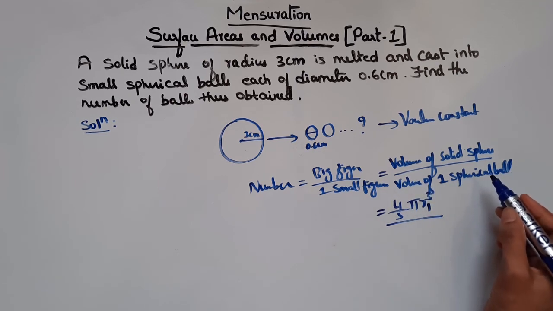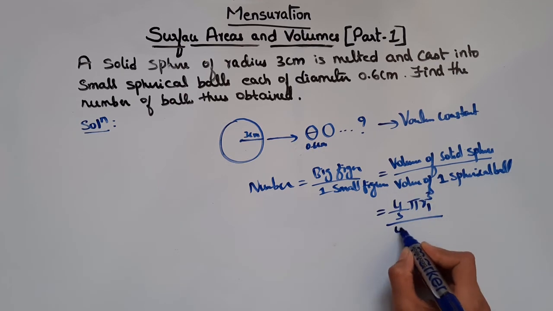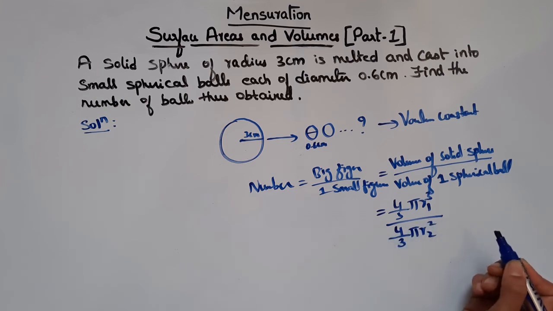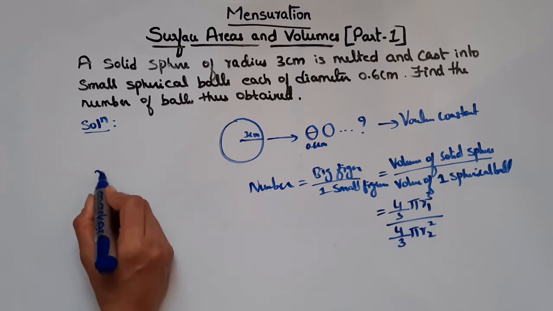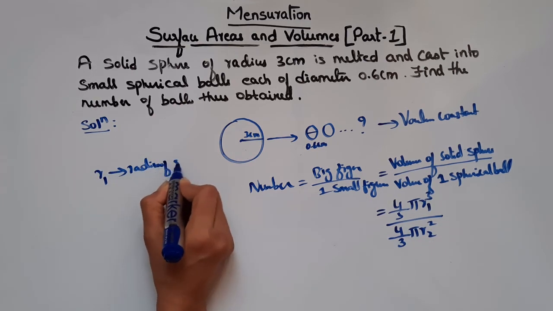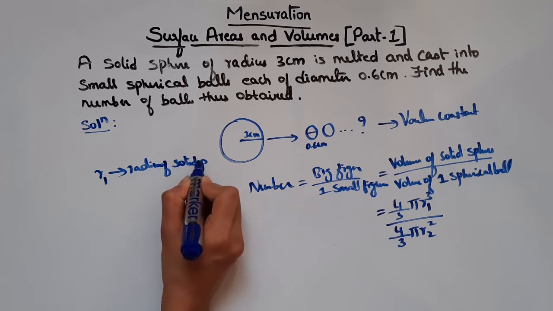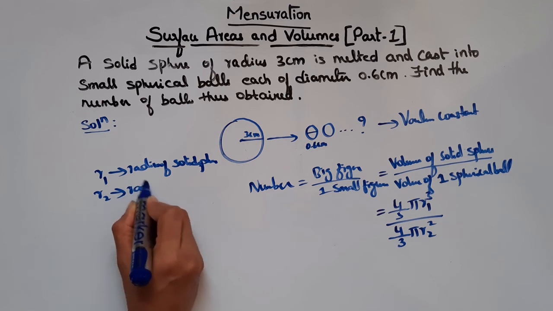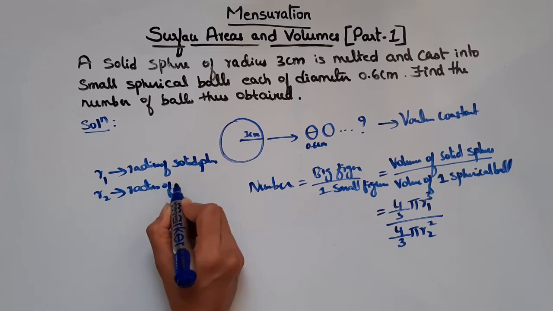The spherical ball is also a sphere, so its volume is given by 4 by 3 pi r2 cube. Let r1 be the radius of the solid sphere and let r2 be the radius of the spherical ball.